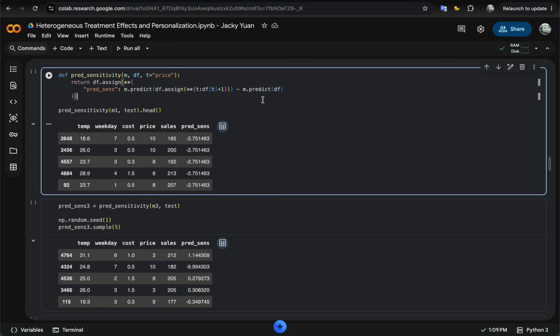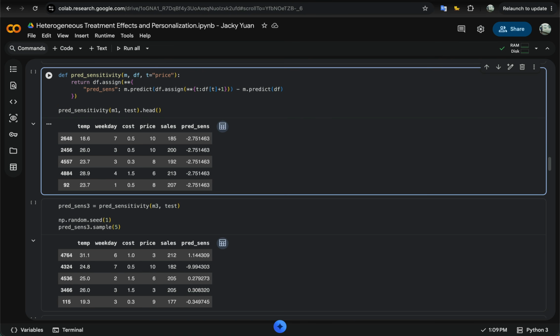Notice the causal logic right here: we're not simply predicting the sales. We are asking a counterfactual question, like difference in difference. What would sales look like under a different treatment value, which here is increasing the price by 1 unit?